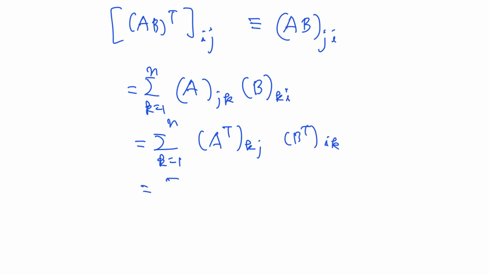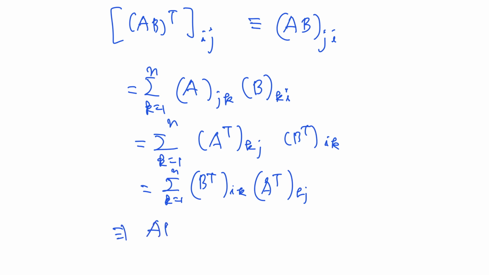So you can rearrange the order. B transpose ik, A transpose kj, right? So this means AB transpose is the same as B transpose A transpose.